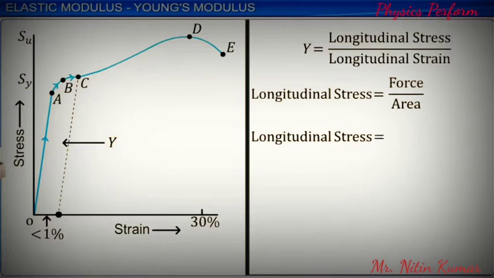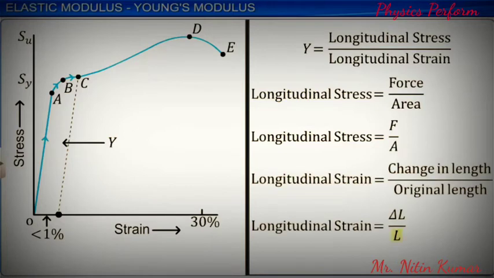If the length of the rod L changes by delta L, the longitudinal strain is equal to the ratio of delta L to L. Young's modulus is therefore equal to F by A divided by delta L by L.